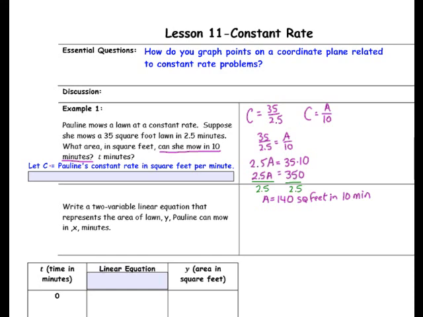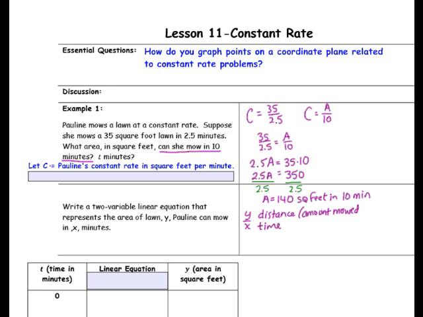We'll write a two-variable linear equation to express the area of the lawn, y, Pauline can mow in x minutes. Remember that we were using y over x on the previous lesson, and y represents the distance, and that is the amount mowed. And x represented the time.